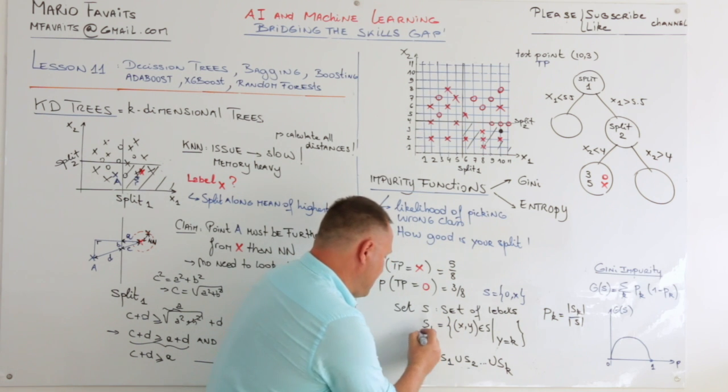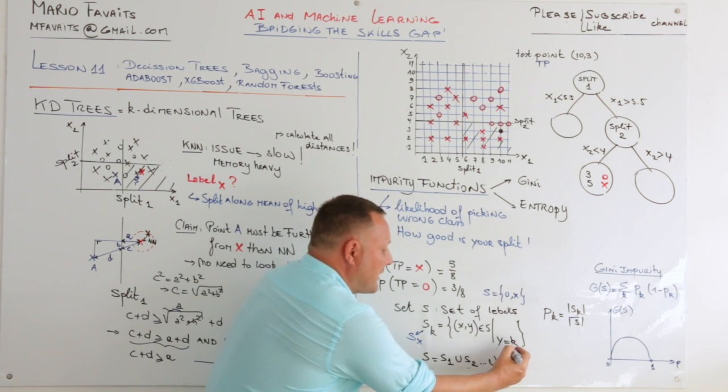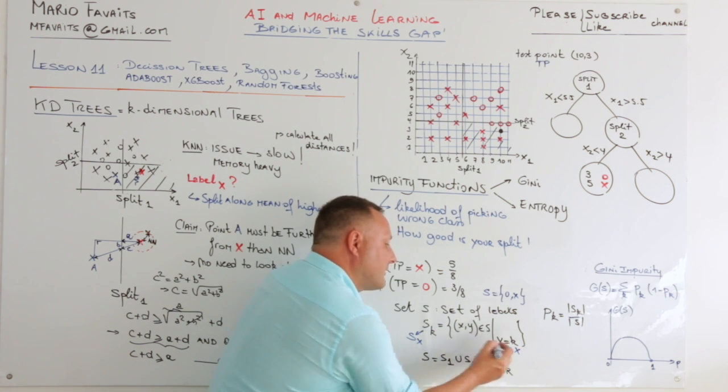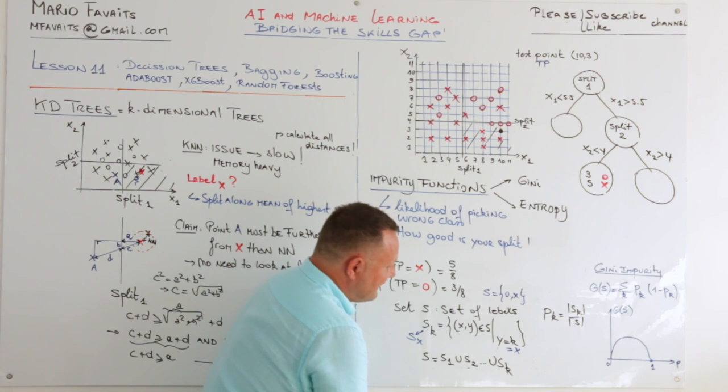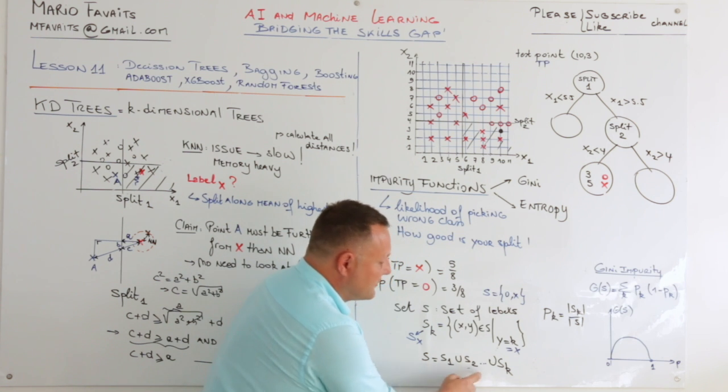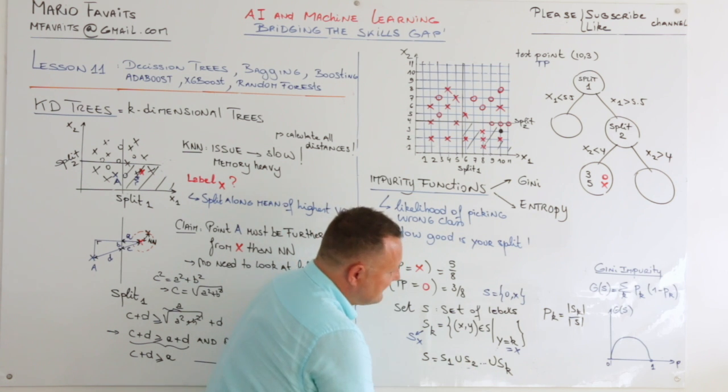But, for example, S_cross equals all the points where the label is a cross. So that's as simple as that. And of course, if we sum up all the S_k, we're going to have all the points of the data set. So it's quite obvious that S is the union of all the S_k.